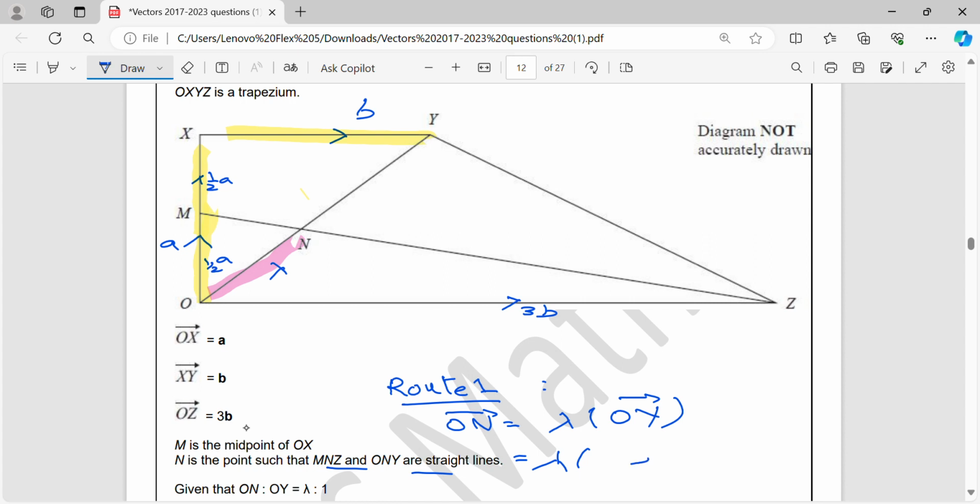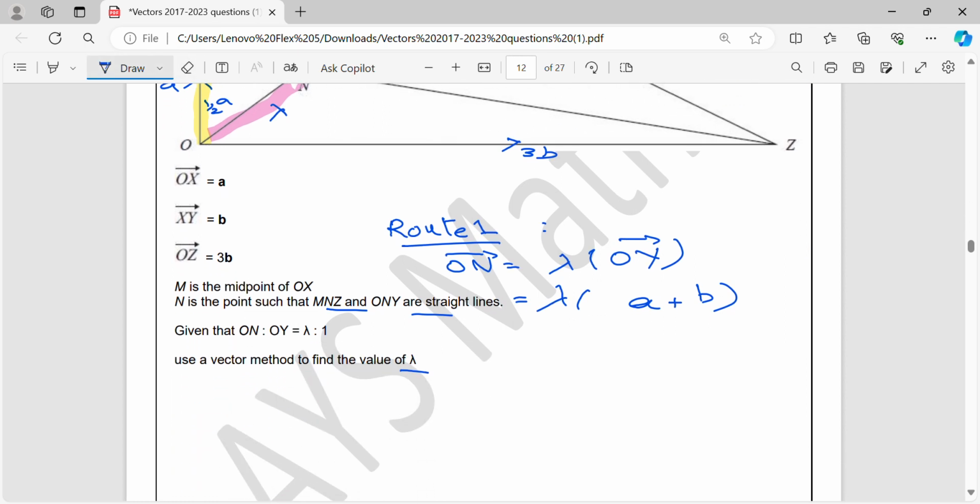So OX is a plus XY is b. So the complete route of OY is a plus b, times lambda. Okay, this is route 1.